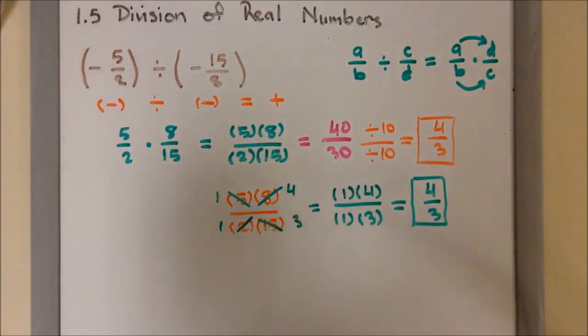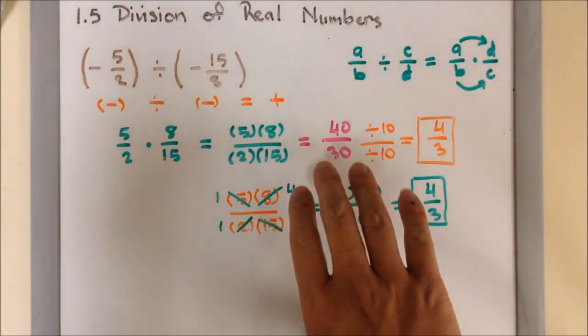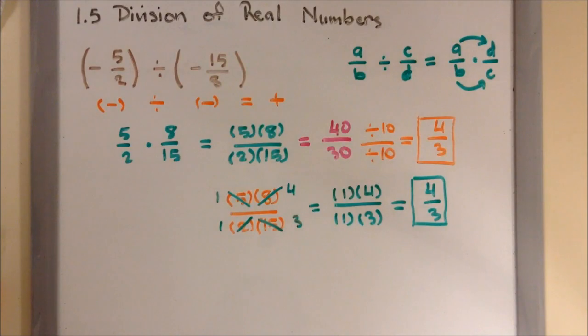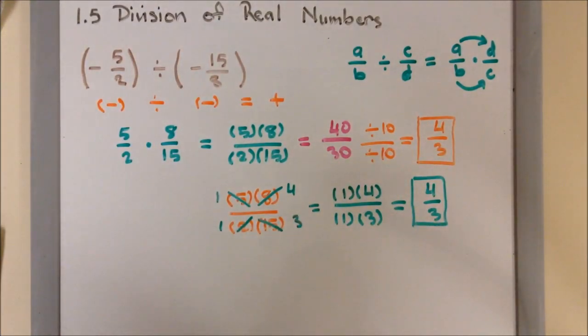So, if you don't like working with big numbers, and when you're trying to simplify, you might end up doing a lot of steps. Here, I just eliminate all that work, simplifying what I can, and that way when I multiply I have smaller numbers.